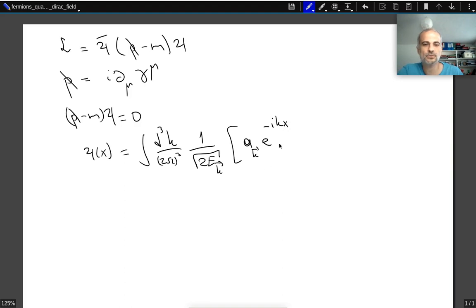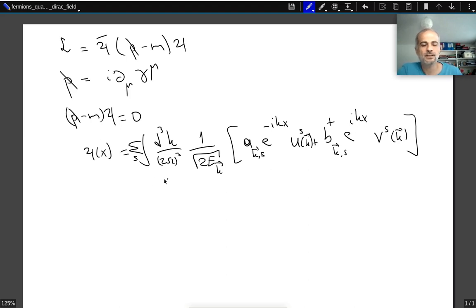And these are the Heisenberg operators, so I just inserted time dependence also here. And there's the u. Let me insert also the s over here, and this a_k also includes the index s. And then we have the other operators b_k^s dagger, e to the power i kx, and v_s. And these are functions of k.